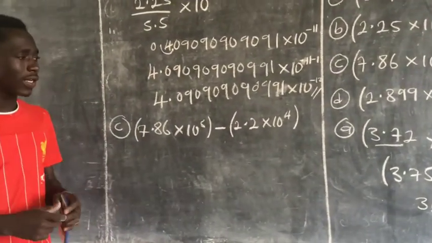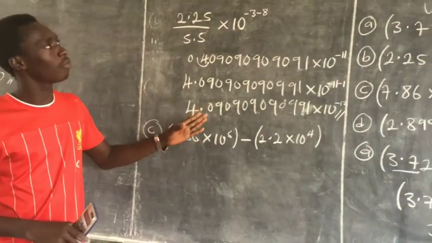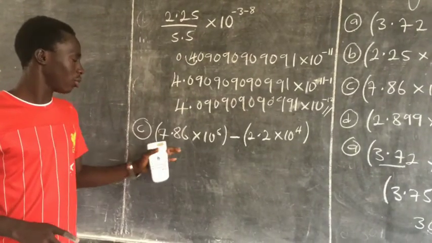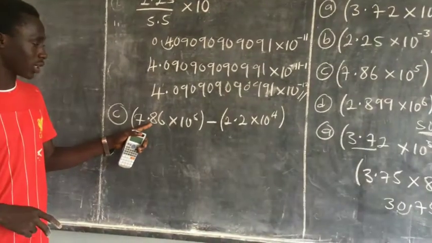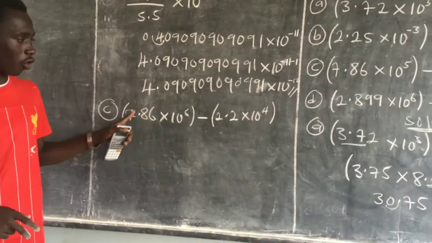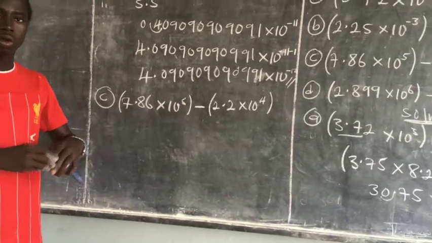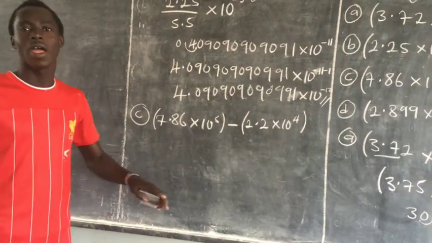When you are dealing with subtraction and addition in standard form, it is different from division and multiplication. When you are dealing with subtraction and addition, you have to take the numbers, look at these numbers first, they are in standard form right now. So you have to take them to the ordinary form, where you have no decimal point.